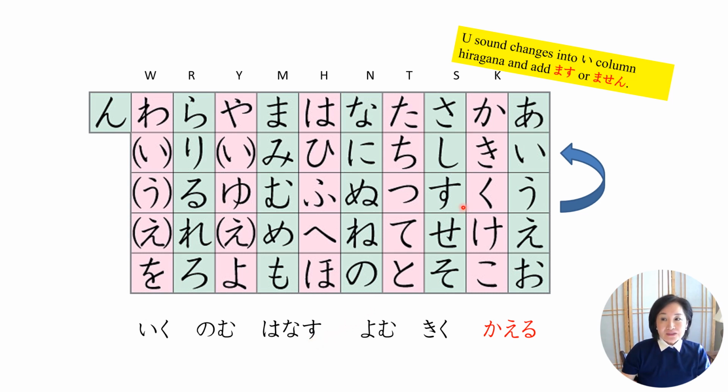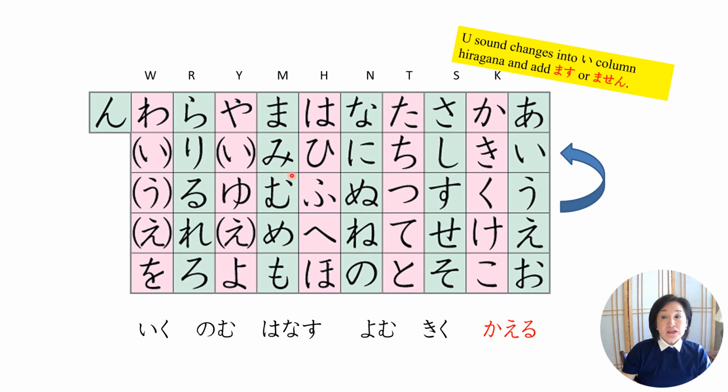話す will be 話します or 話しません。そうです。いいですね。Let's do 読む。読む is to read. So again, む is right here.